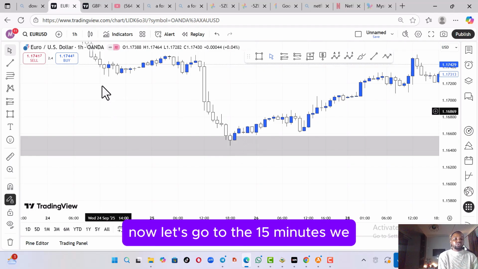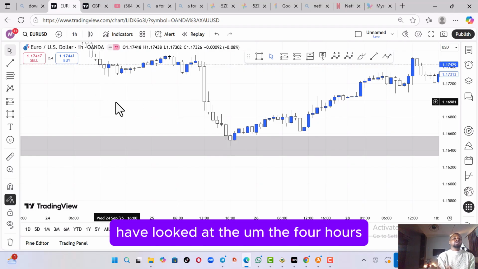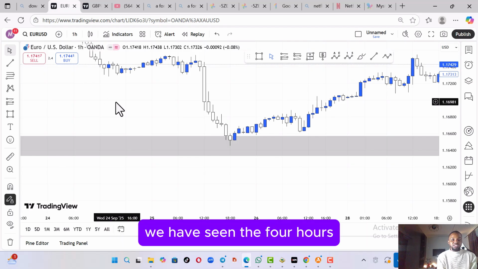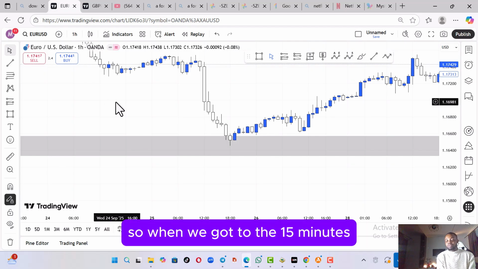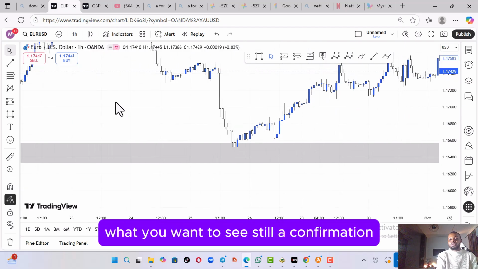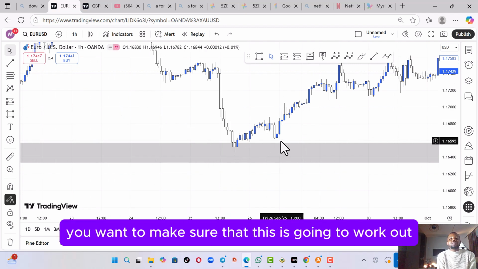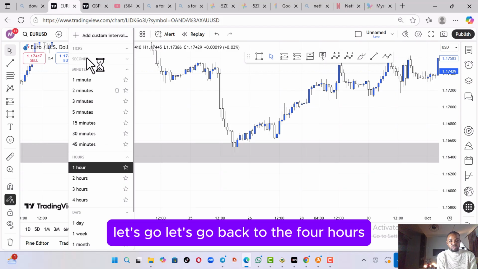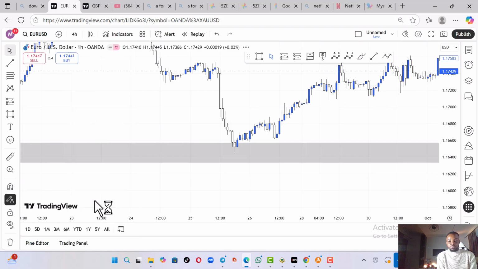Now let's go to the 15 minutes. We have looked at the 4 hours. We have seen the 4 hours. Now we are on the 15 minutes. So when we get to the 15 minutes, what you want to see is still a confirmation. You want to make sure that this is going to work out. Let's go back to the 4 hours.